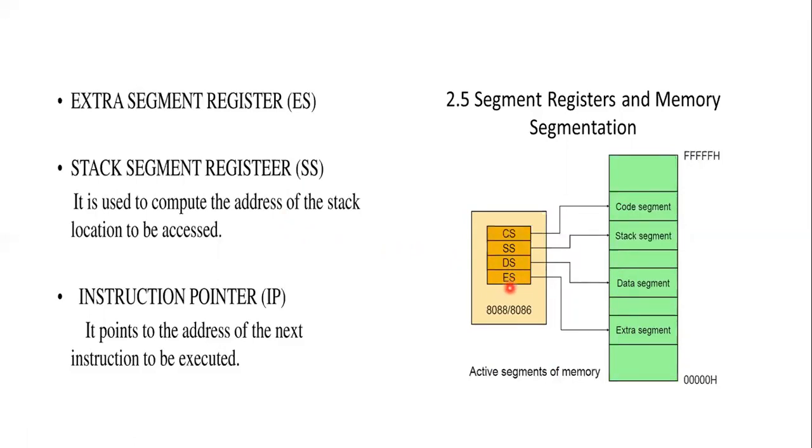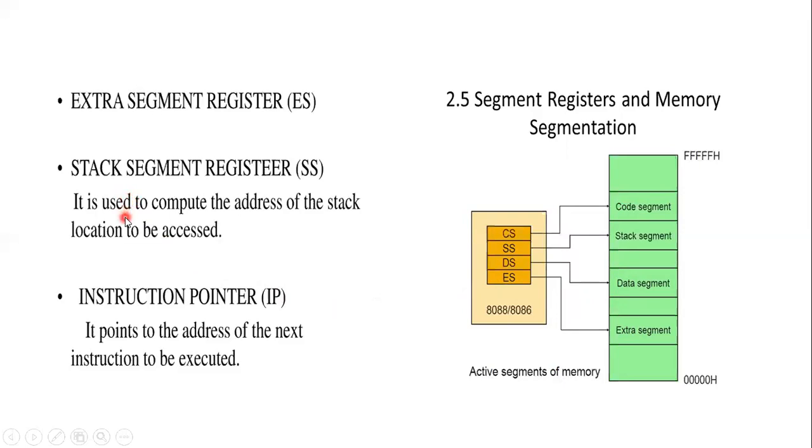So it is possible to change the default segment used by the general and index registers by prefixing the instructions with CS, SS, DS, and ES.